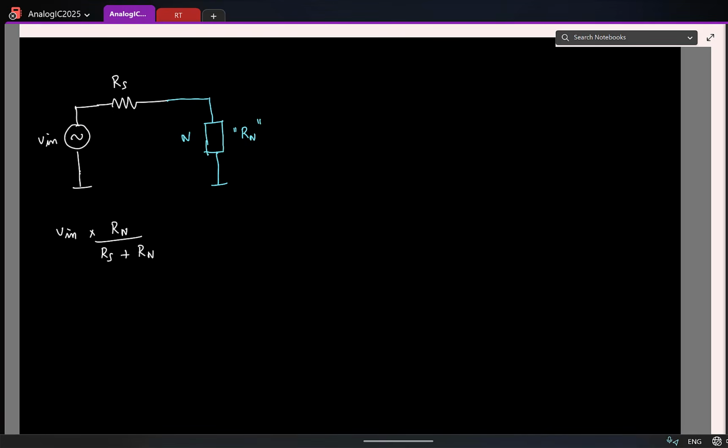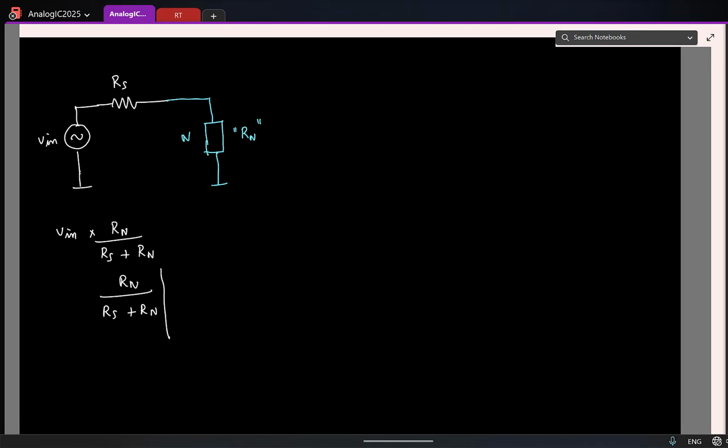So if I want to amplify the power, it is sufficient for me to amplify the voltage. So we'll only look at the voltage gain here, but actually we are getting power amplification. That's our goal. So the magnitude of the gain is essentially Rn by Rs plus Rn.